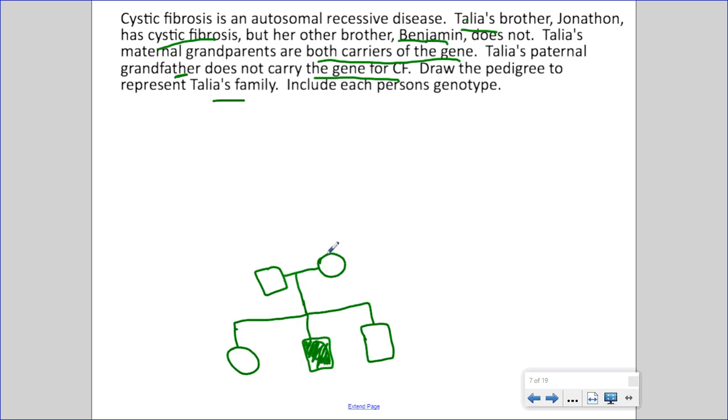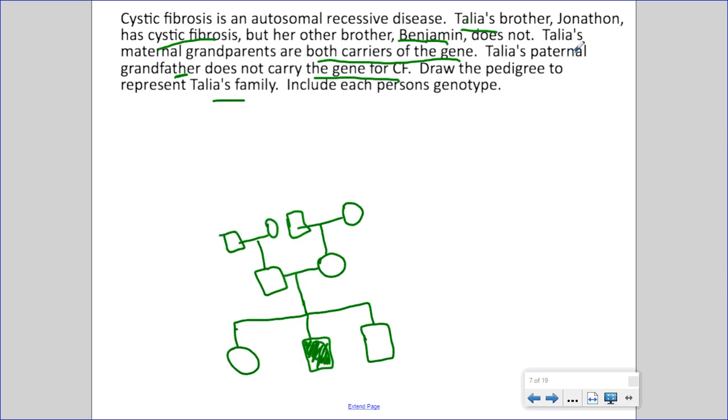So we'll draw circles and squares to represent Talia's maternal grandparents, her maternal grandmother and her maternal grandfather. Now I've left myself a lot of space, so I'm going to draw this a little squished here. And then for her paternal side, there is her paternal grandmother and her paternal grandfather.